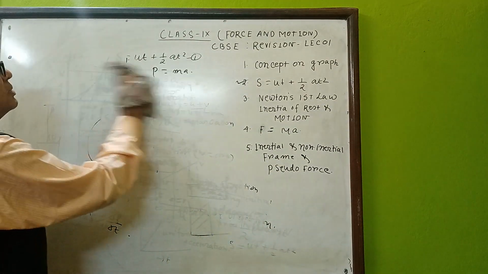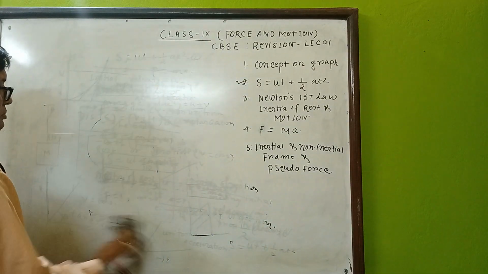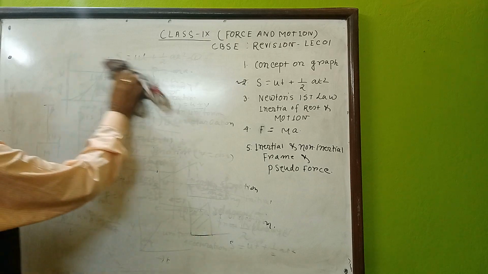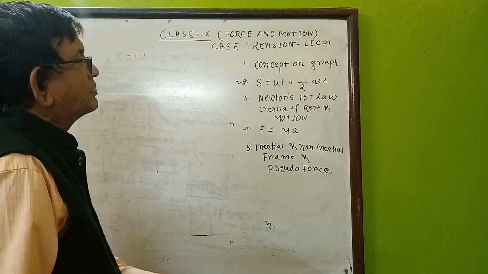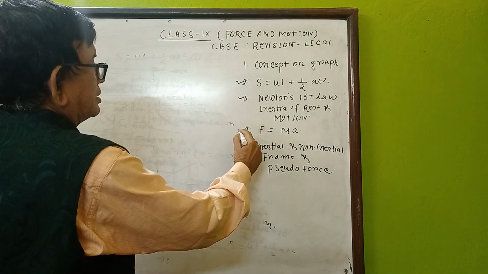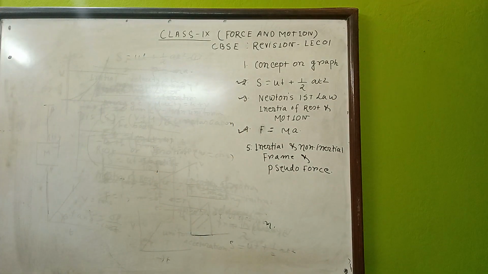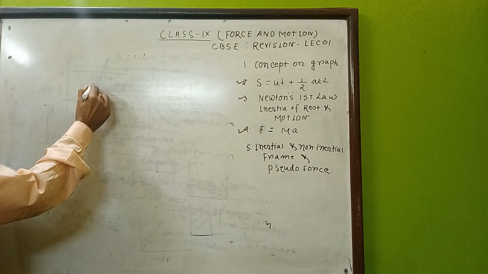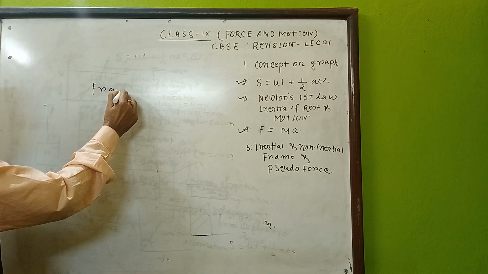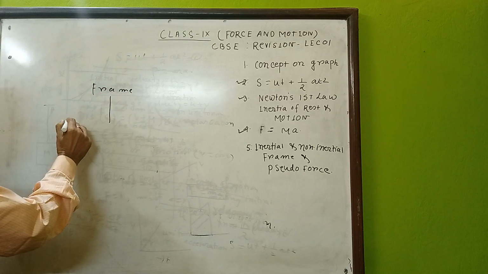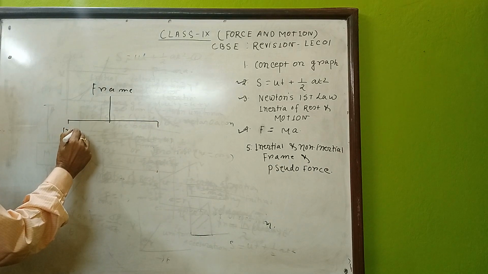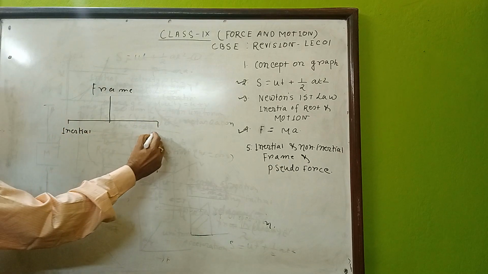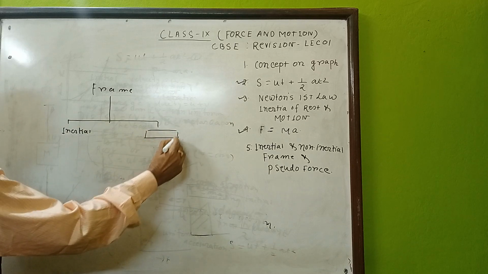Now, I am giving you the inertial and non-inertial frame that I have done in Newton's first law. Now there are two frames. Frames are of two types. One is inertial, the other is non-inertial.